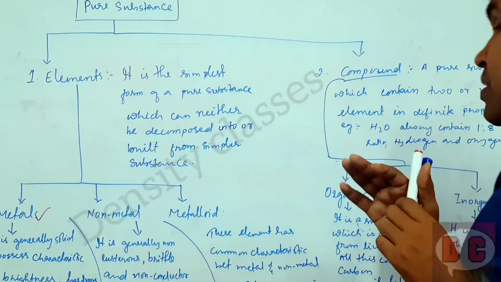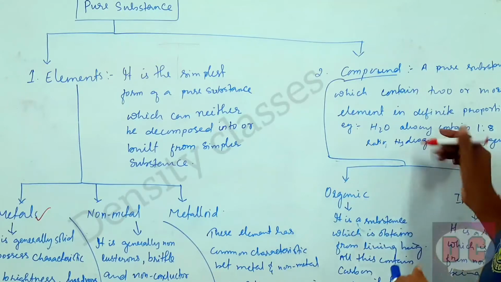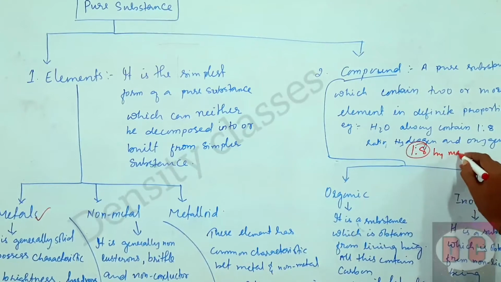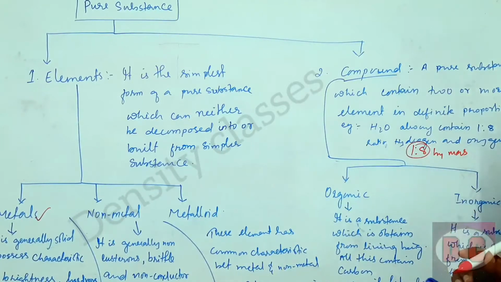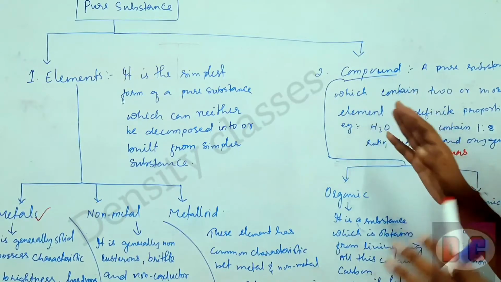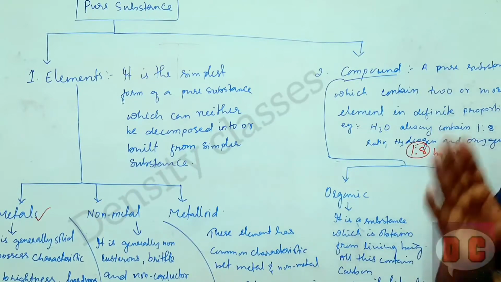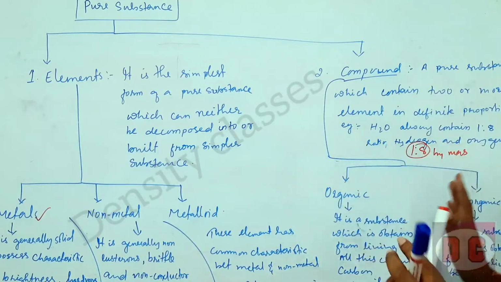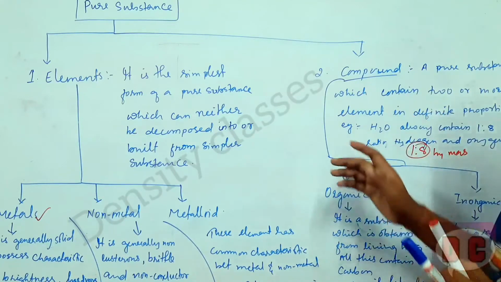So water is always obtained in the ratio of 1:8 by mass. Got it or not? Water is a compound because its composition, its proportion, is fixed at 1:8, so we call it a compound.